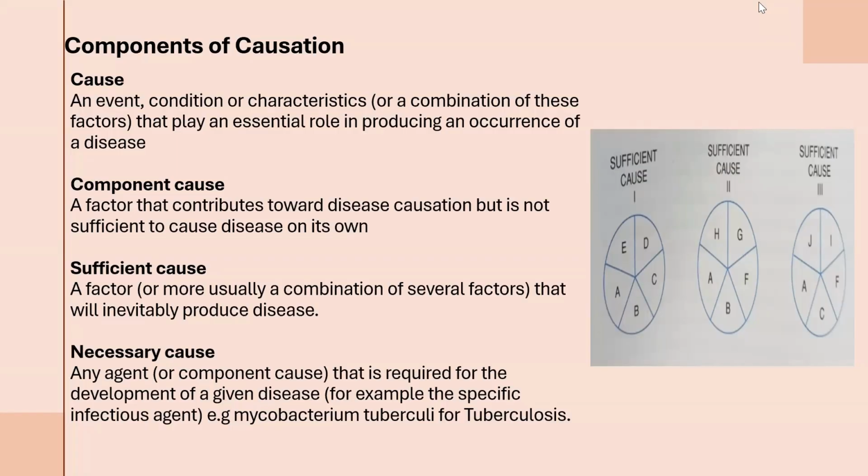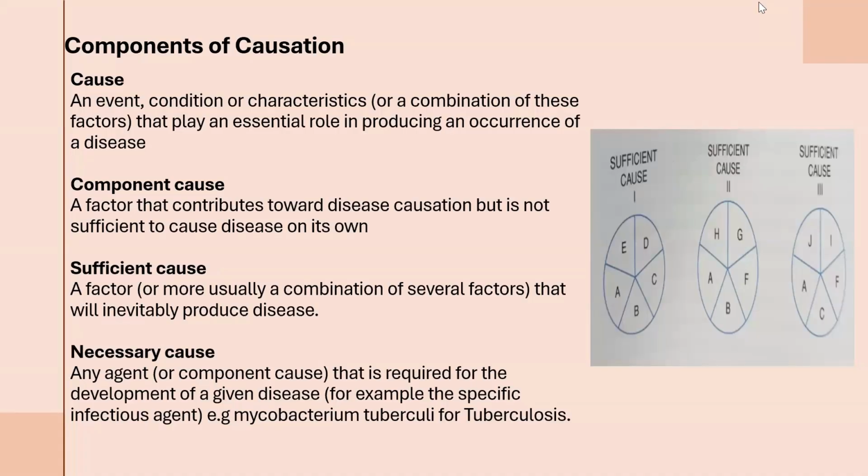So causes can be categorized into three major types. So we have what we call a component cause. So a component cause is a factor that contributes towards disease causation, but is not sufficient by itself to cause that disease on its own. So I'll give us an example of a component cause. So when you have tuberculosis as a disease, there are several things that can lead to tuberculosis. First, you have the infectious agent, and then you have that individual needs to be susceptible to that disease.